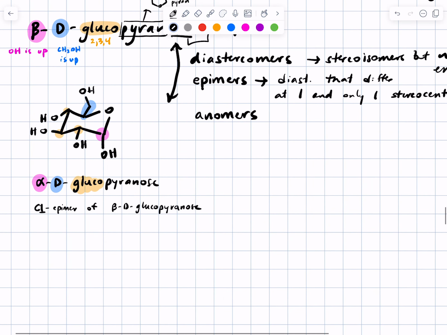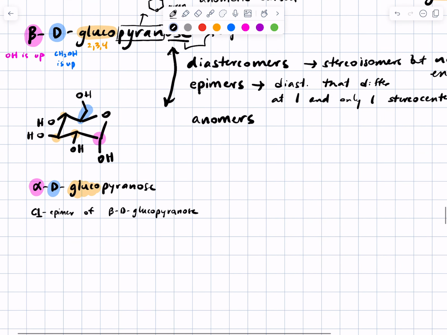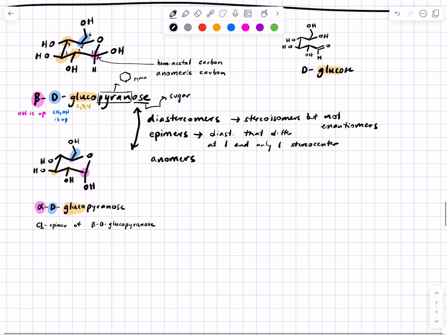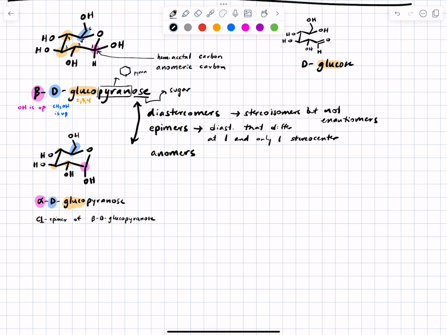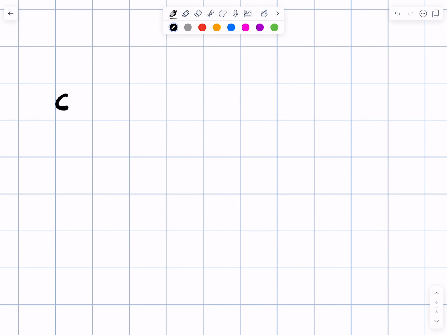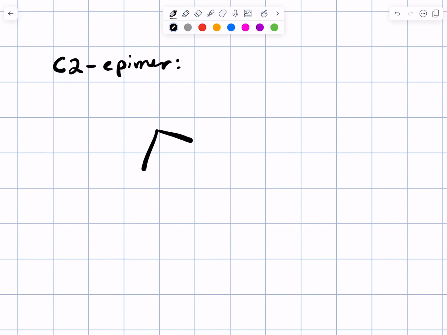Okay, so let me draw you 2 other carbohydrates that are related to beta D-glucopyranose. First is the C2 epimer. So we'll draw the 6-membered ring.